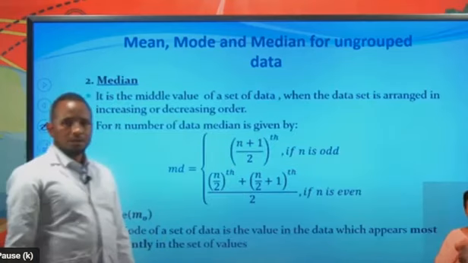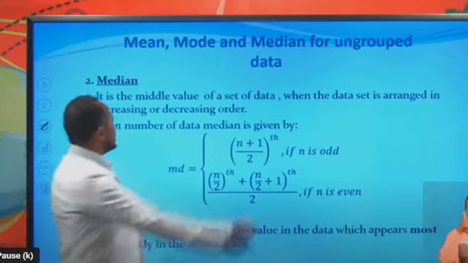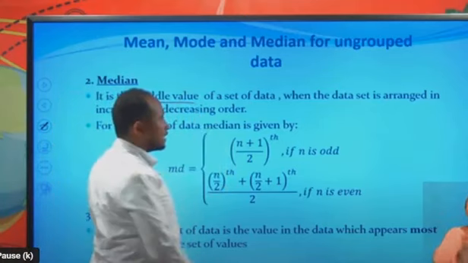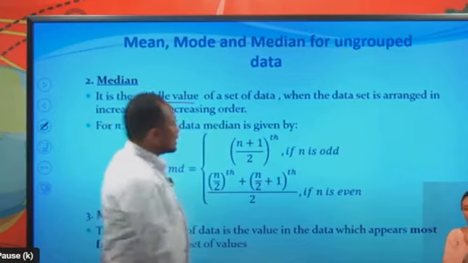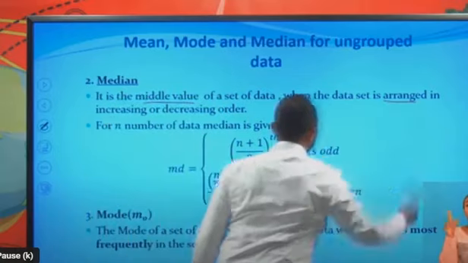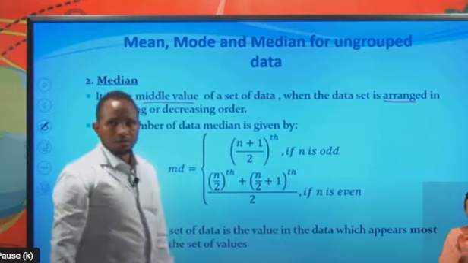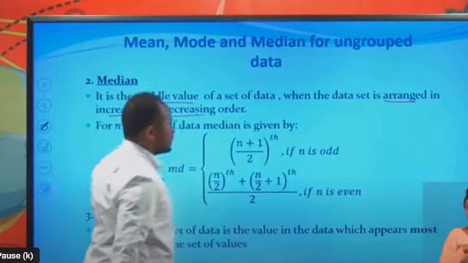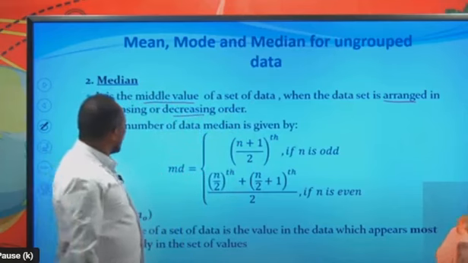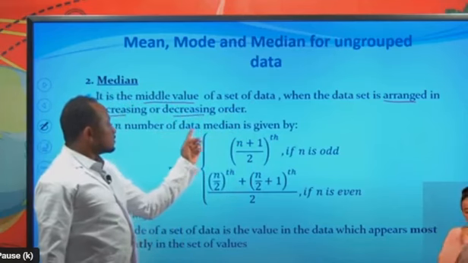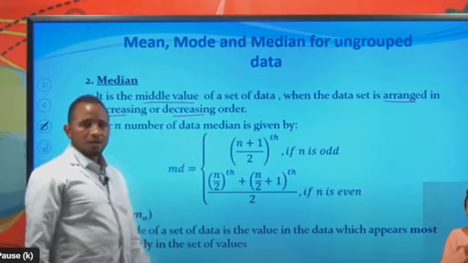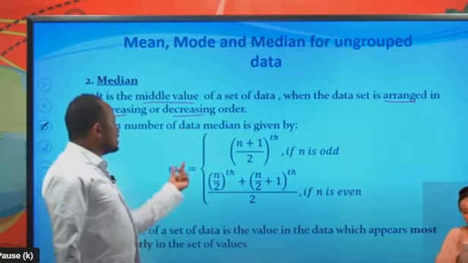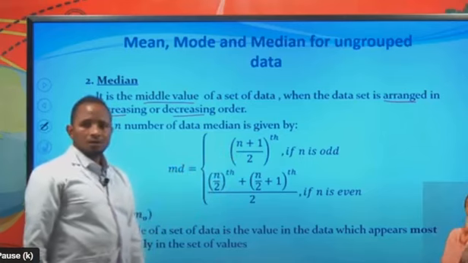Okay, next, median. Median is the middle value of the set of data when the data set is arranged either in increasing order or decreasing order. So for n number of data, when it's arranged in increasing or decreasing order, the median is given by this formula.